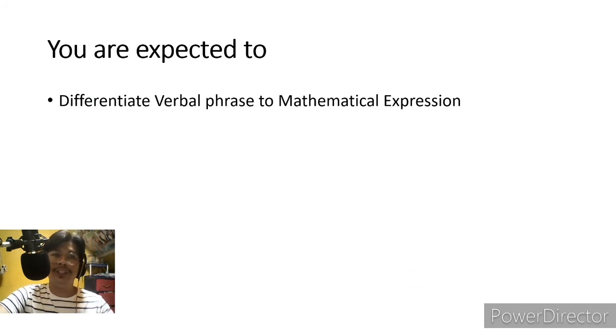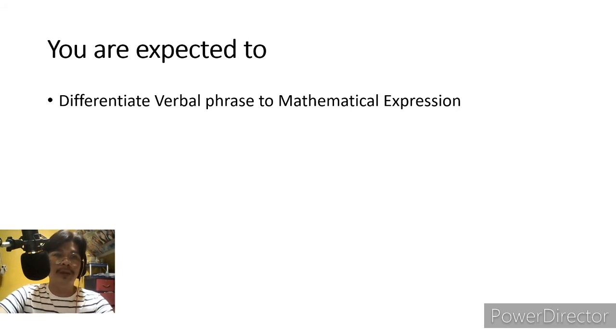Going back to what we are expected to learn in this lesson, after we discussed how to translate a verbal phrase into a mathematical expression, let us differentiate a verbal phrase from a mathematical expression.